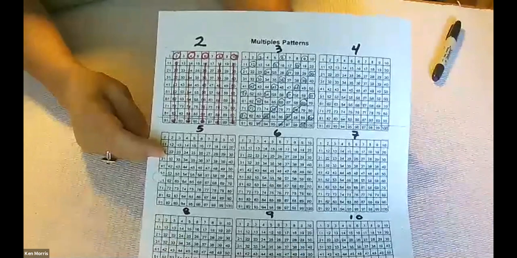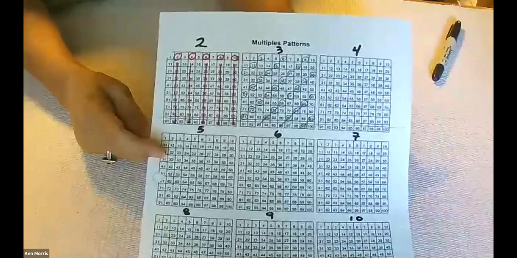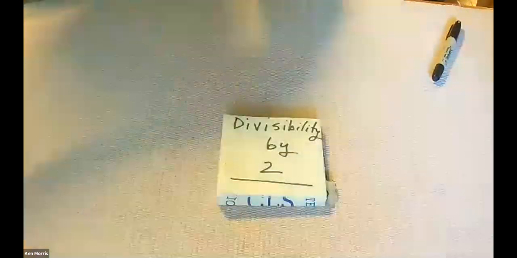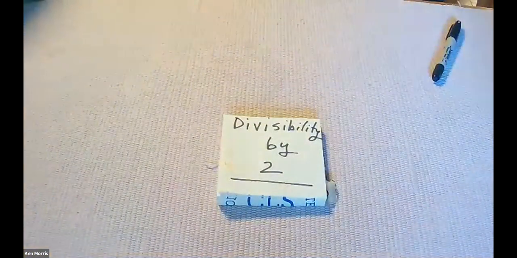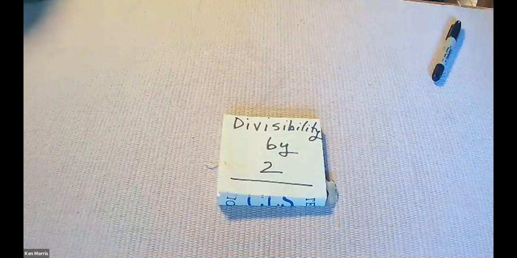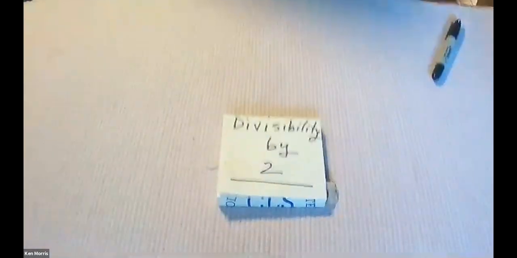You're going to come up with some rules all on your own with the help of the materials that will explain why some of these patterns show up. So we're going to look at what is called divisibility rules. And what word do you hear in there? What do you hear, divisibility? Right, division.